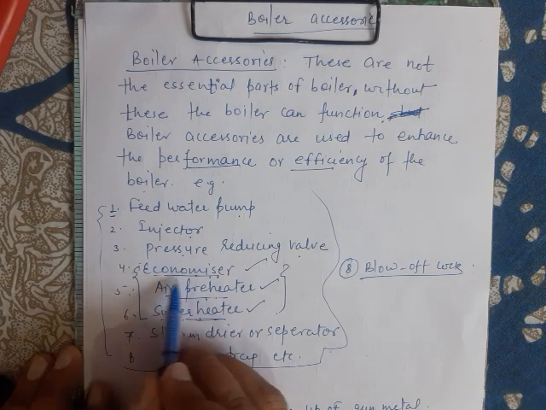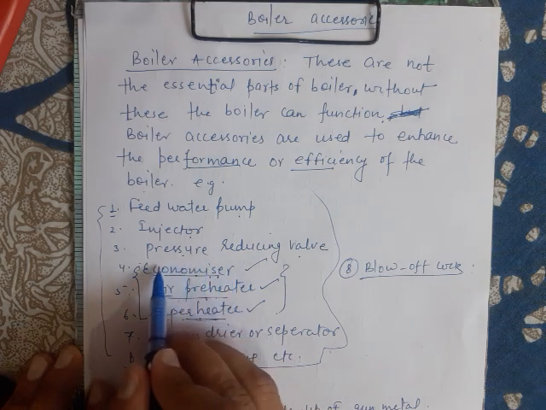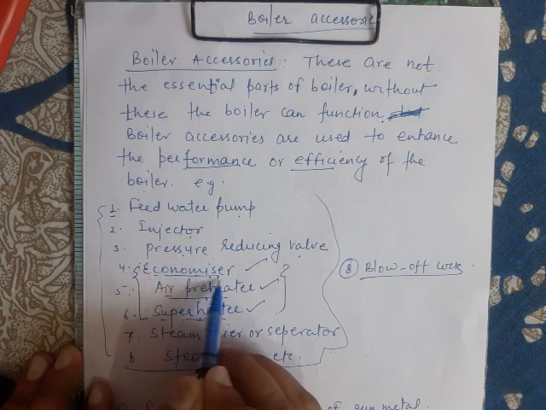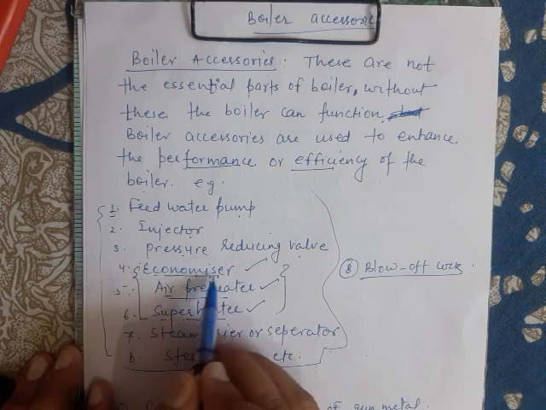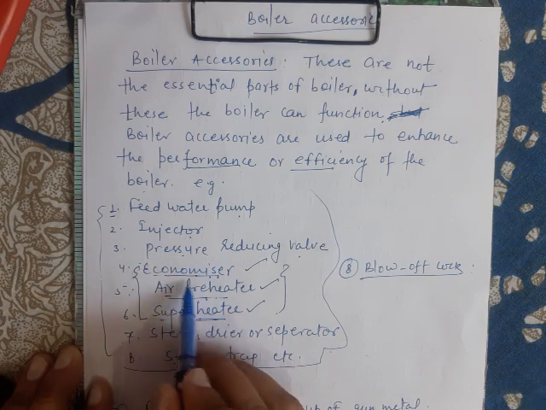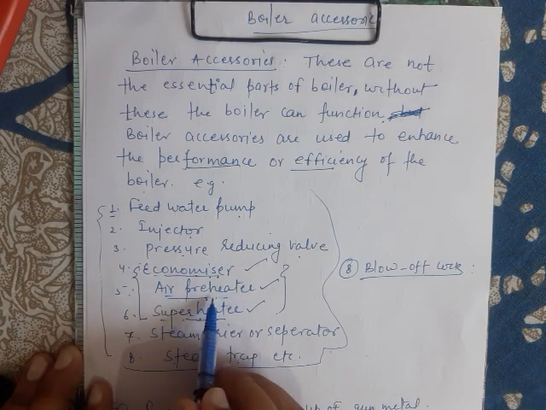So economizer is the device which is used for preheating of the water. It utilizes the waste heat of the flue gases and is used to preheat the water before the water is supplied to the boiler drum. Air preheater is used to preheat the air before the air is supplied to the furnace.